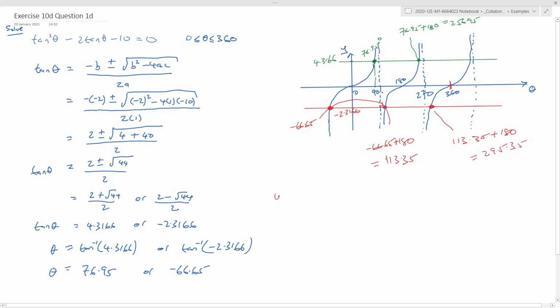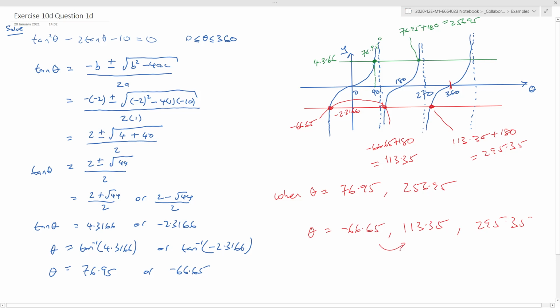So we can write, when theta equals 76.95, we also get the solution 256.95, and where theta is equal to minus 66.65, we also get the solutions of 113.35 and 295.35.